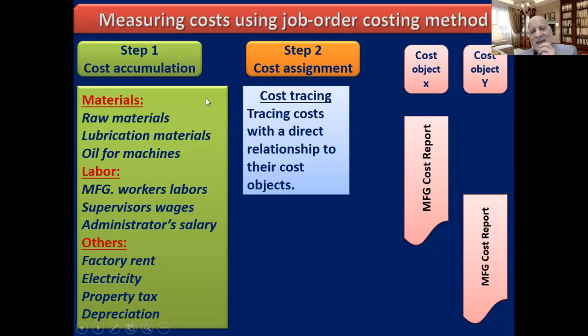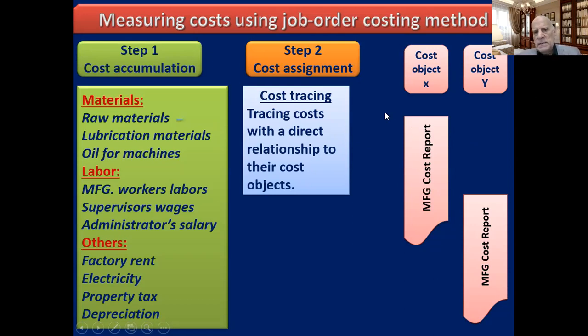We will find that some of these cost items are related to a certain job. So the first group will be assigned through tracing. The assignment here is called tracing. You trace the cost element to determine the amount of this cost element used in each job.